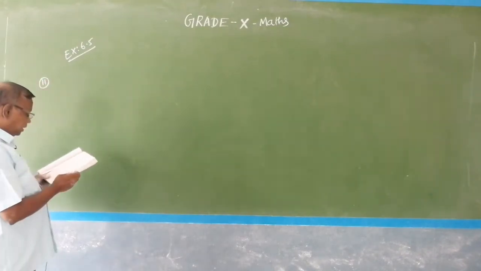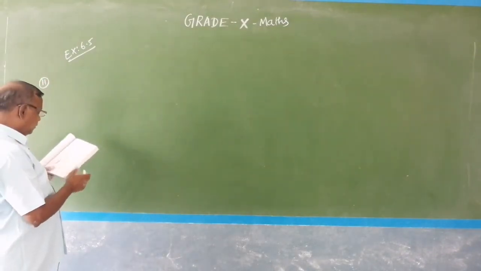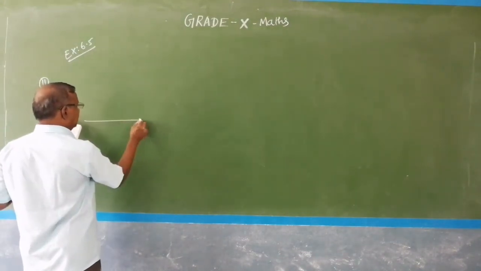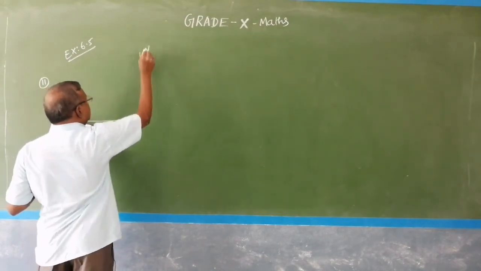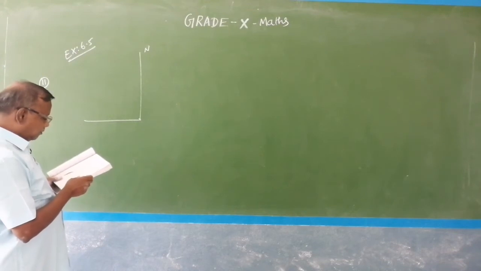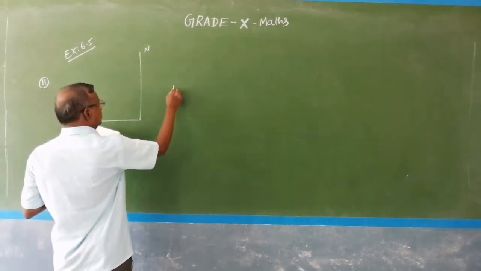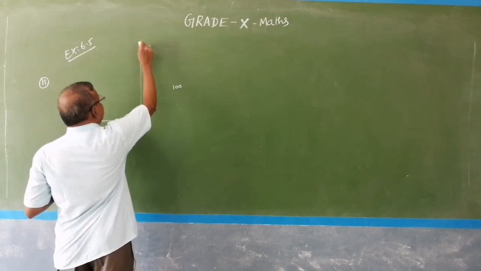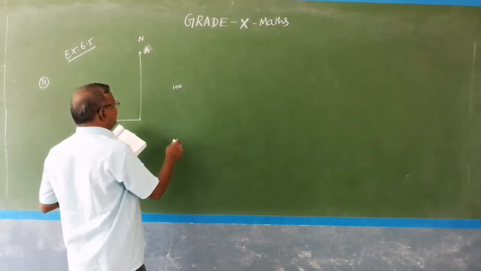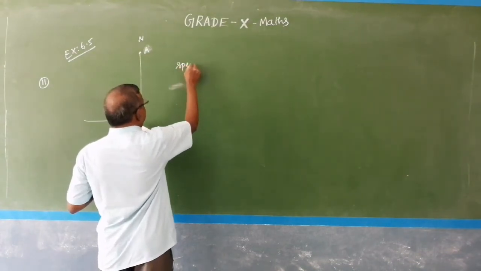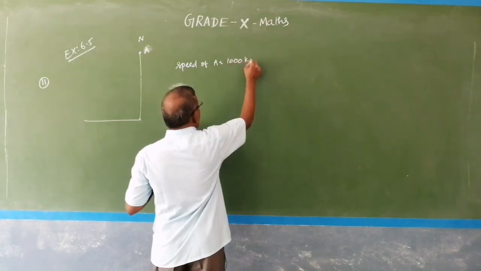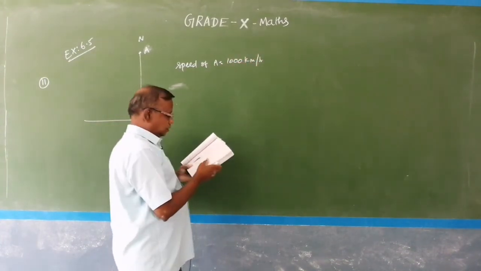An aeroplane leaves an airport and flies due north. Let it be north. So an aeroplane flies due north at a speed of 1000 km per hour. Let us take A to be the first flight, so the speed of flight A equals 1000 km per hour.